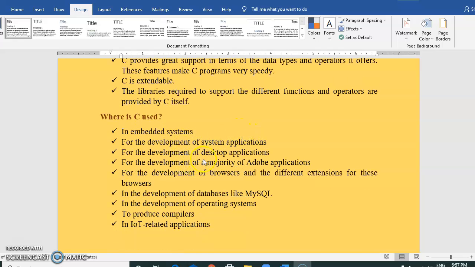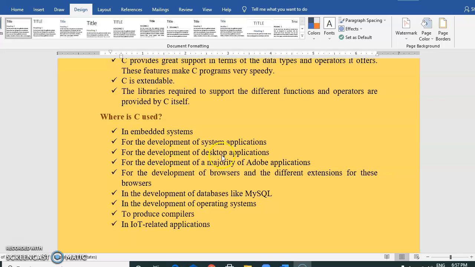Here are some applications mentioned in this video where the C programming language is used. In embedded systems, for the development of system applications, we use the C programming language.